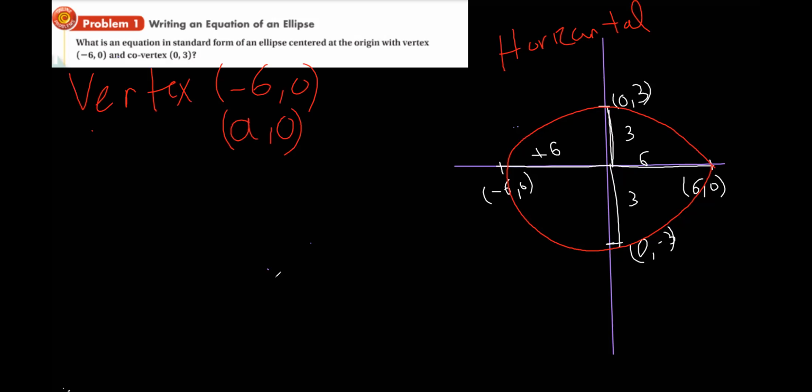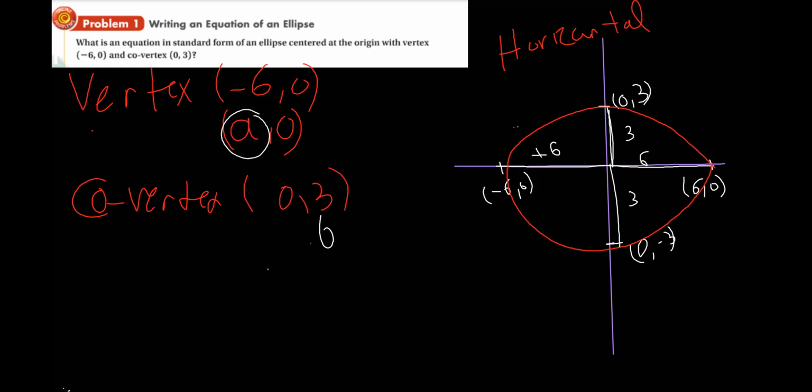I told you the vertex goes with A and the co-vertex with B. Since A is on the X, if each coordinate is an X, Y, it's horizontal.